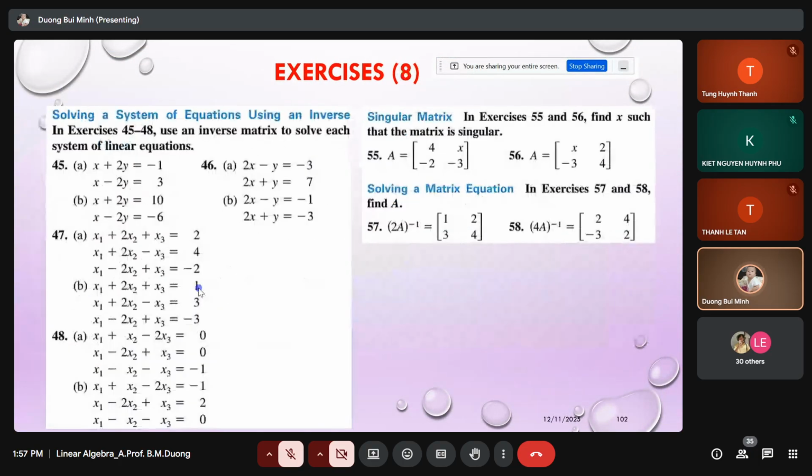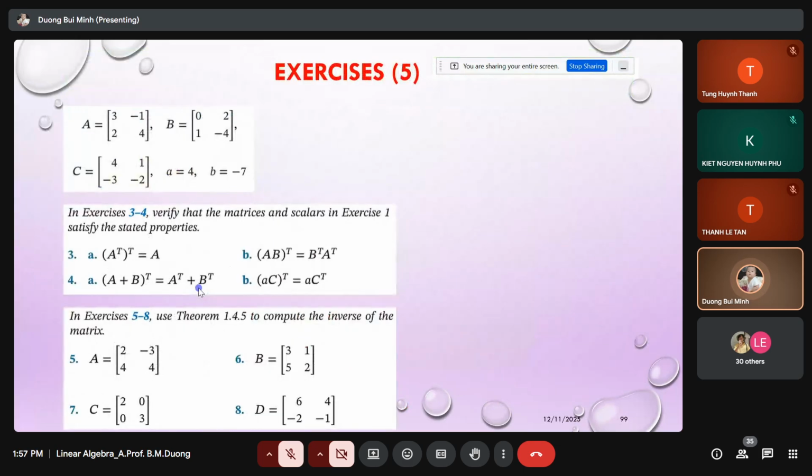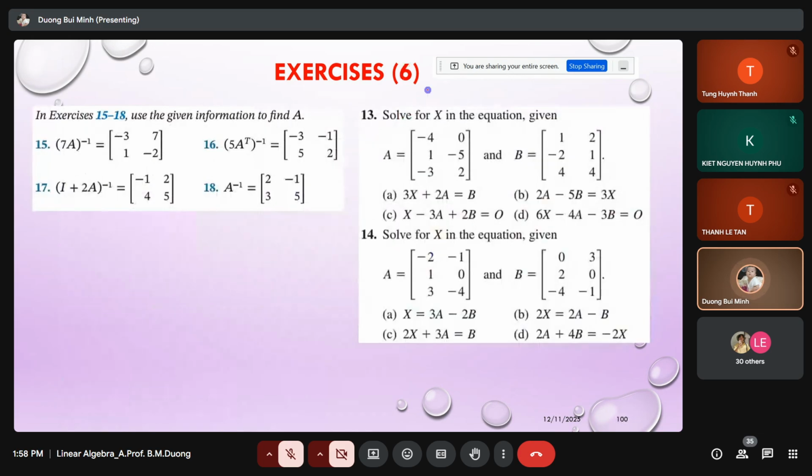This one is homework 1: we have A, B, C, D, and we need to verify this one here. And this one is homework 2, exercise 5A.